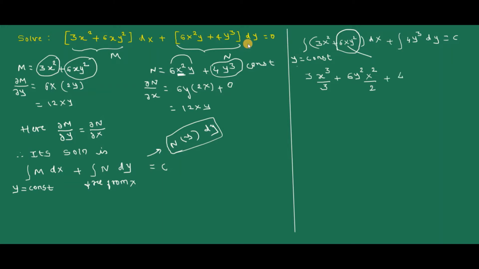Plus in the next term 4 is constant, what is the integration of y³? Integration of y³ is y⁴ divided by 4, equal to c. Here the 4 gets cancelled, the 3 gets cancelled, 2 ones and 2 threes. So the remaining terms are x³ + 3x²y² + y⁴ is equal to c, which is the required solution.